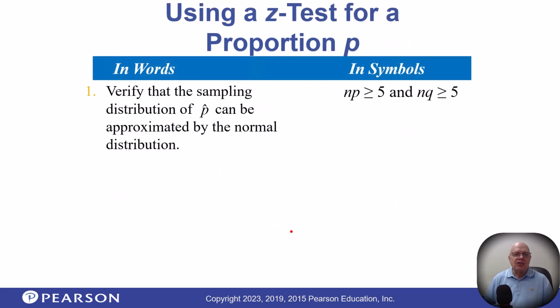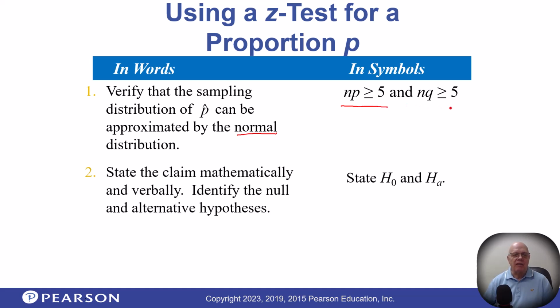All right, in steps. First of all, make sure the distribution is normal. And you can tell it's going to be normal because np is greater than or equal to 5, and nq is greater than or equal to 5. State the claim. Mathematically, state its opposite.